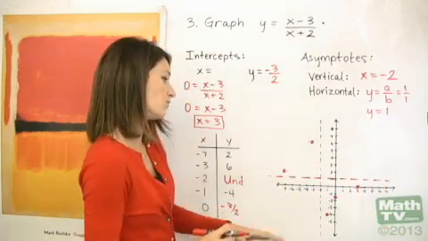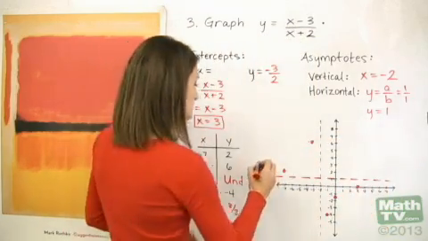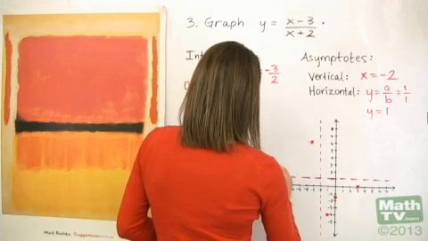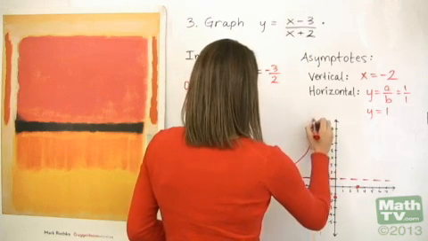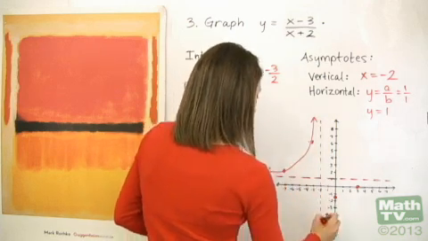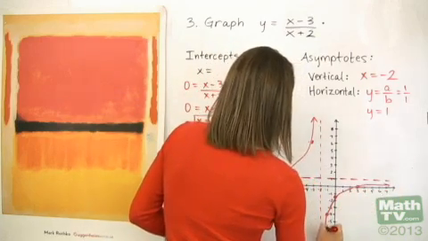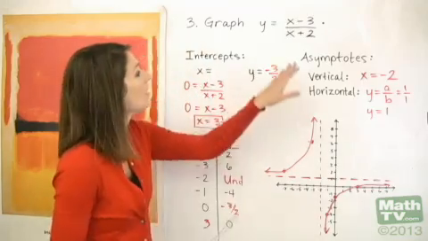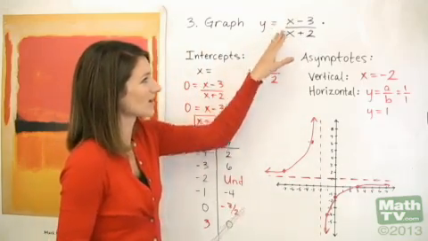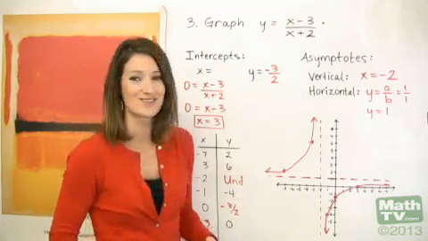So that helps us even more to shape our graph. So we can draw a smooth curve through our points and say that this is approximately the graph of our function y equals x minus 3 over x plus 2.